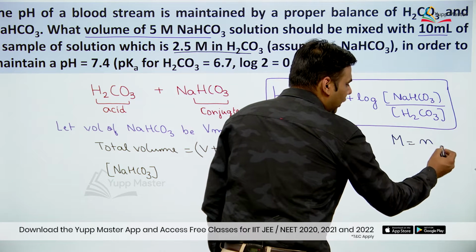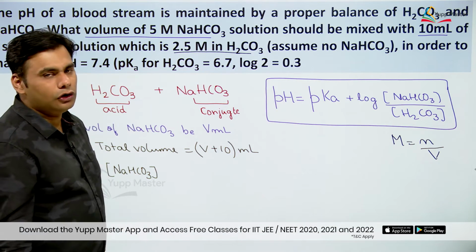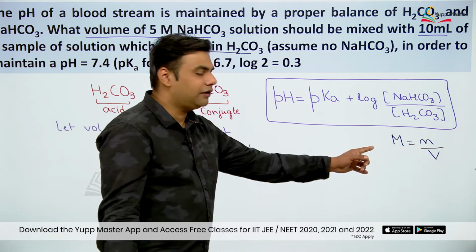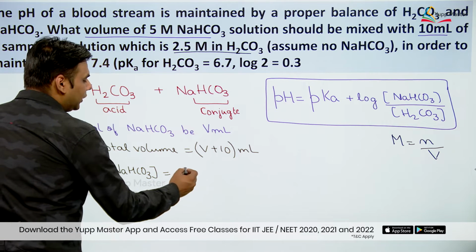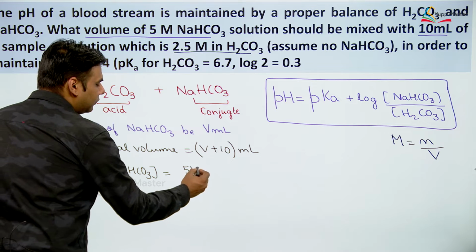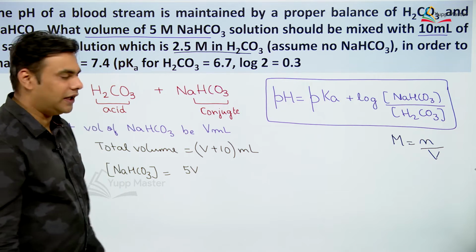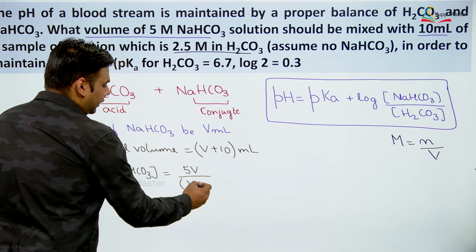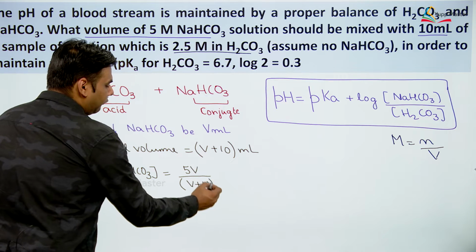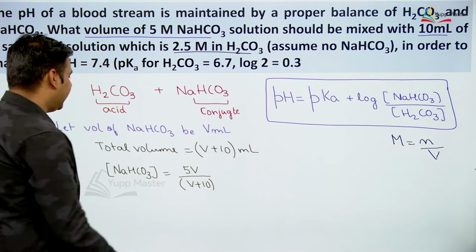Molarity is number of moles upon volume in liters, so if you take volume in ml and multiply with molarity, we will get the number of millimoles. So in this case the number of millimoles would be 5 into V, and the total volume becomes V plus 10. So the concentration will be the number of millimoles upon volume in ml. This becomes the concentration of NaHCO3.